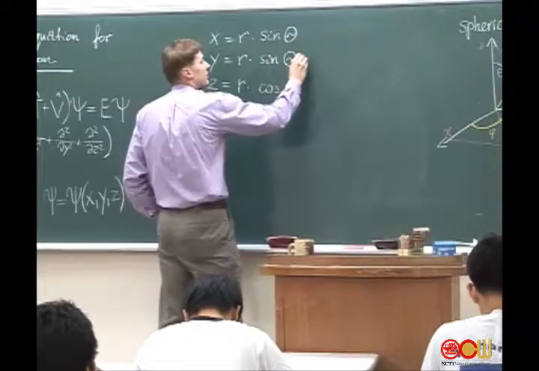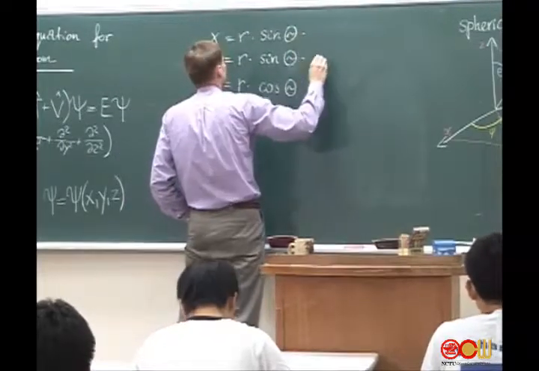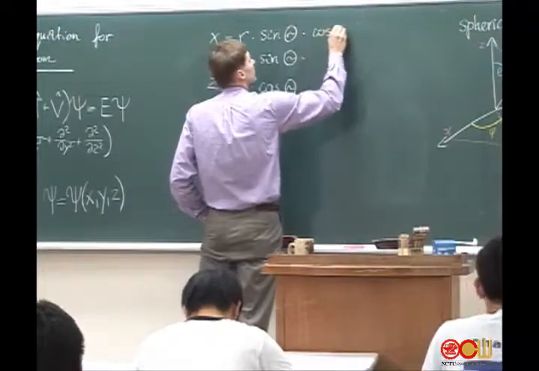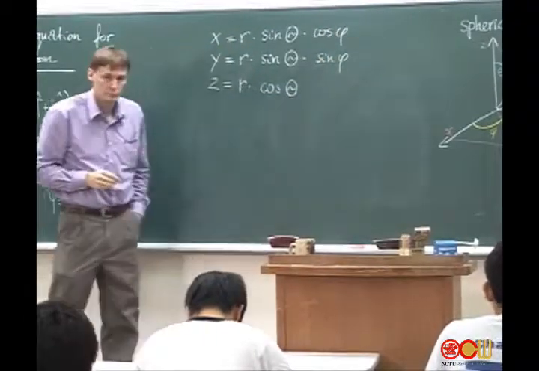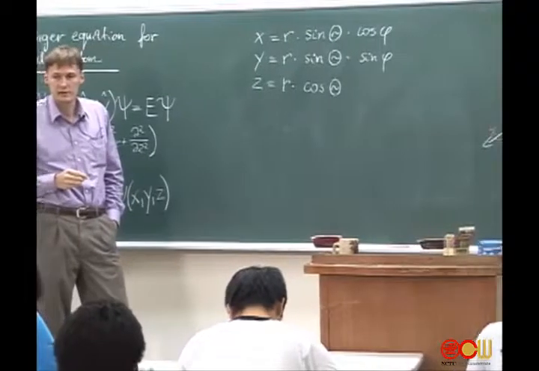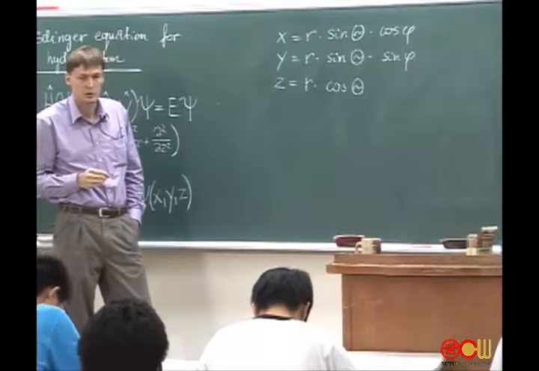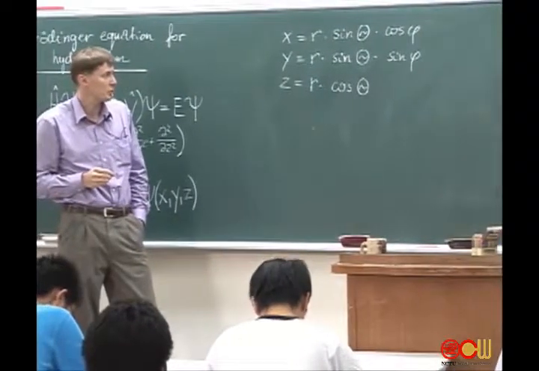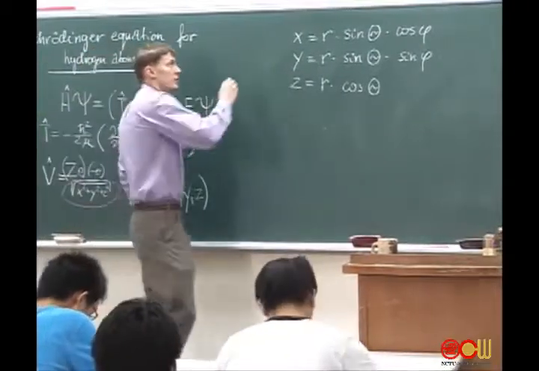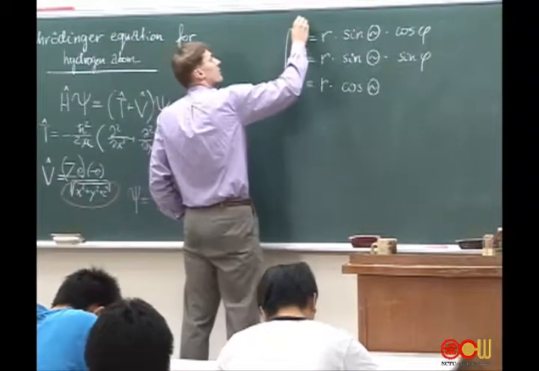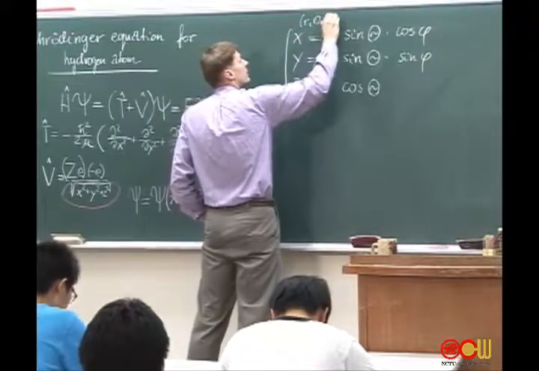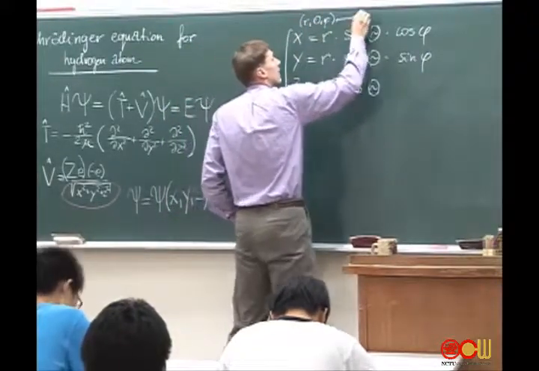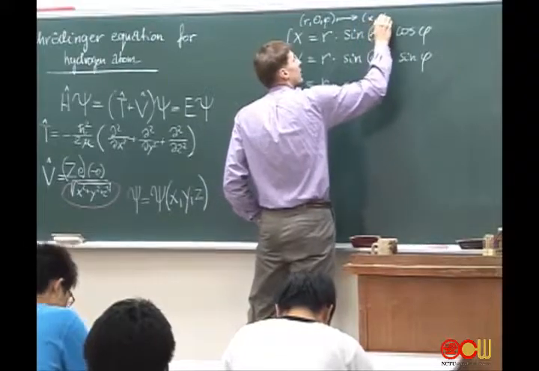This is enough for z. For x, you still have to do cosine phi, and for y, sine phi. You can very easily find these equations if you look at this picture and do all the projections. This is not much complication. So this is the transformation from r, theta, phi into x, y, z.